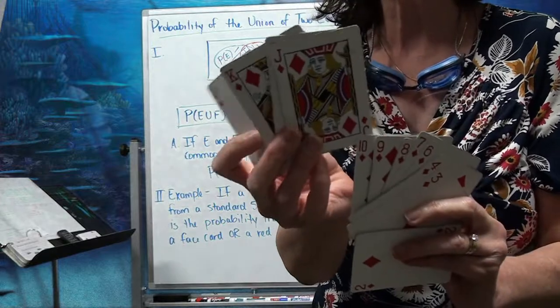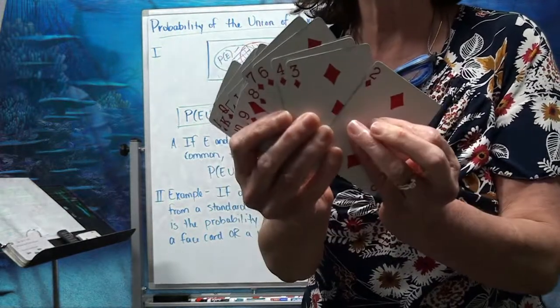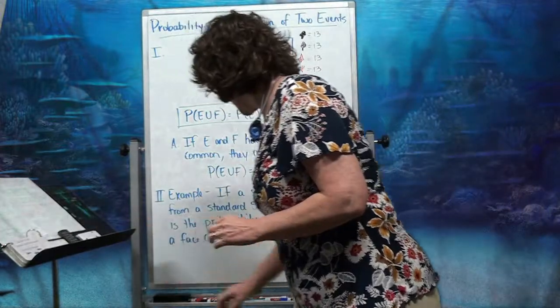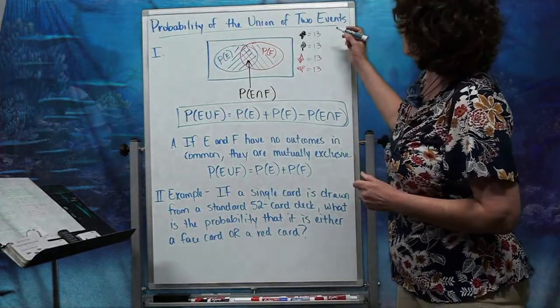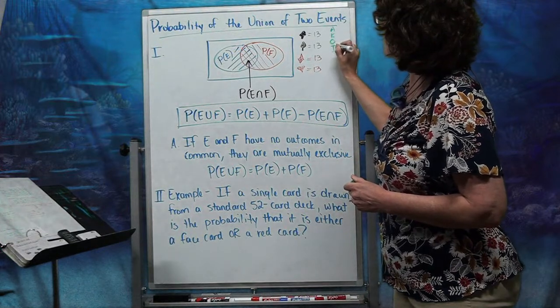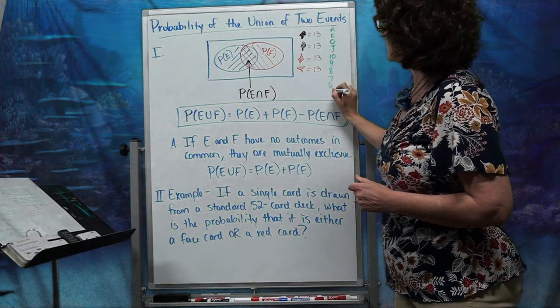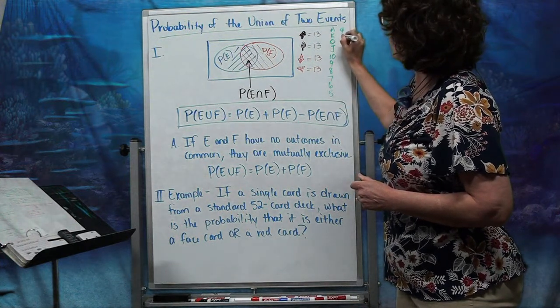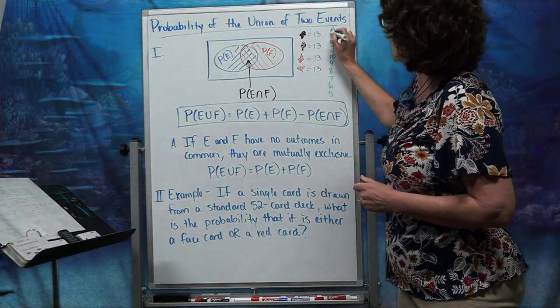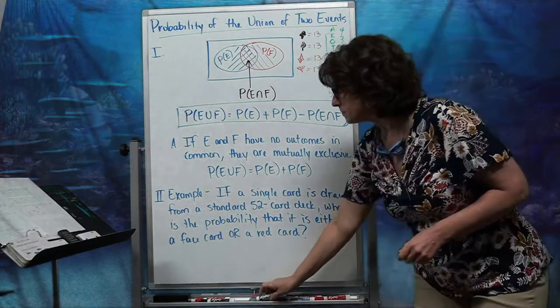So within each suit, I've got 3 face cards, an ace, and then 2 through 10 within each suit. So I have my ace, my king, queen, jack, 10, 9, 8, 7, 6, 5, 4, 3, 2. Idea being that I've got 3 face cards in each suit.